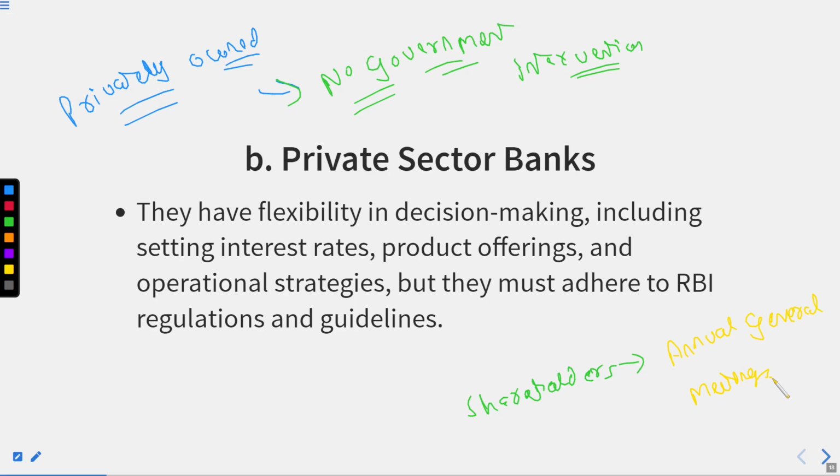All right, they are allowed to formulate the policy as per their own, they are allowed to operate as per their own, but with adherence to the rules and guidelines prescribed by the Reserve Bank of India. Okay, unlike the public sector banks, where the government appoints a board of directors, government formulates the policies, and the government continuously intervenes in the functions. All right.